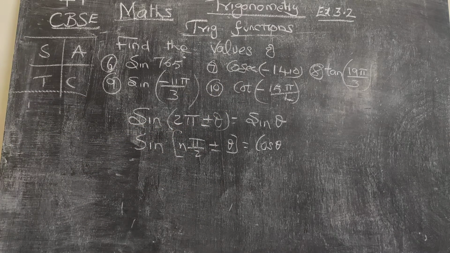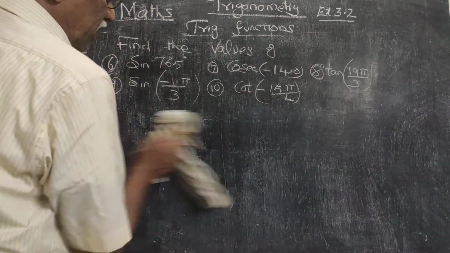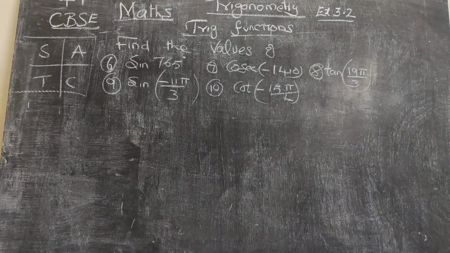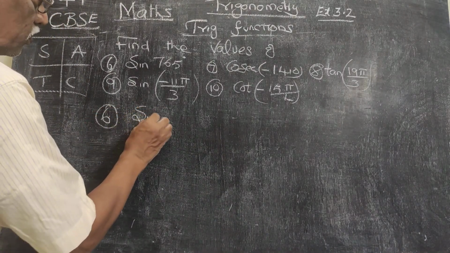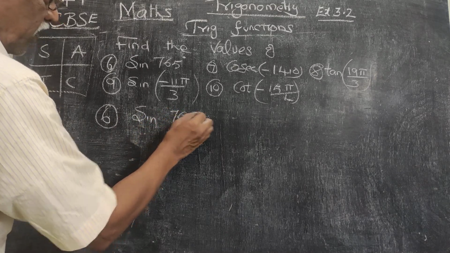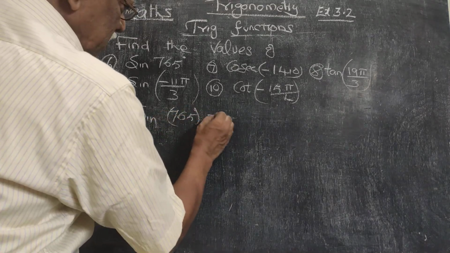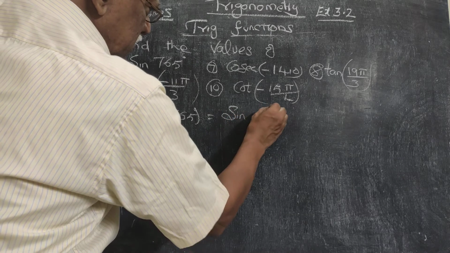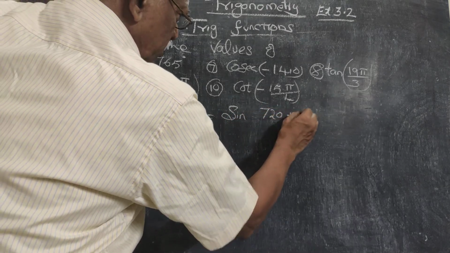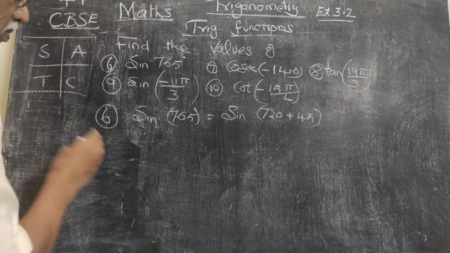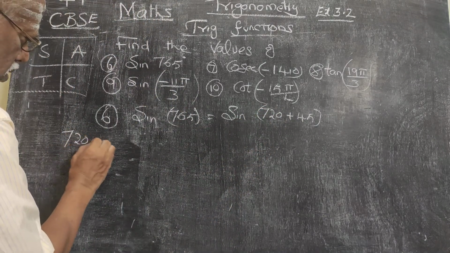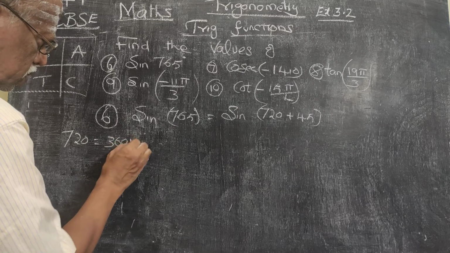So with that, let me go to the sixth problem. Sixth problem, sin of 765. Very simple problem. Sin of 765 degrees can be written as sin 720 plus 45. 720 is 360 into 2.